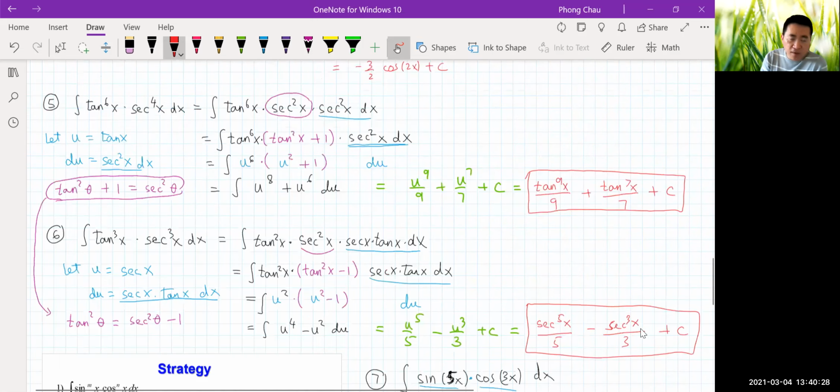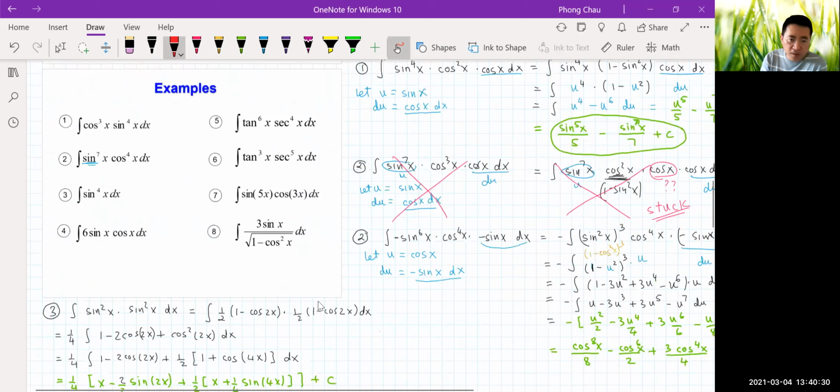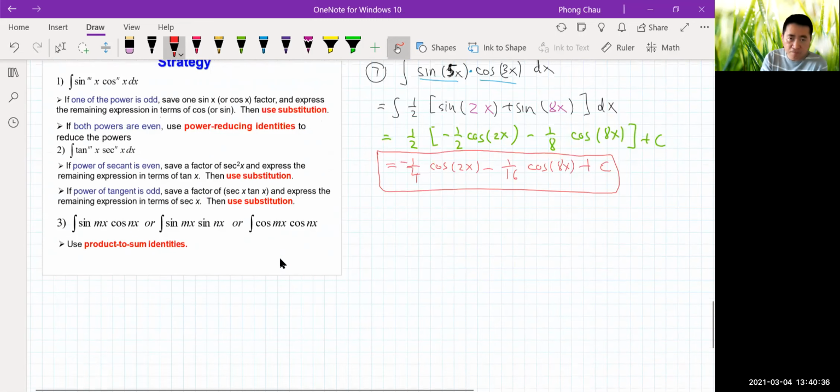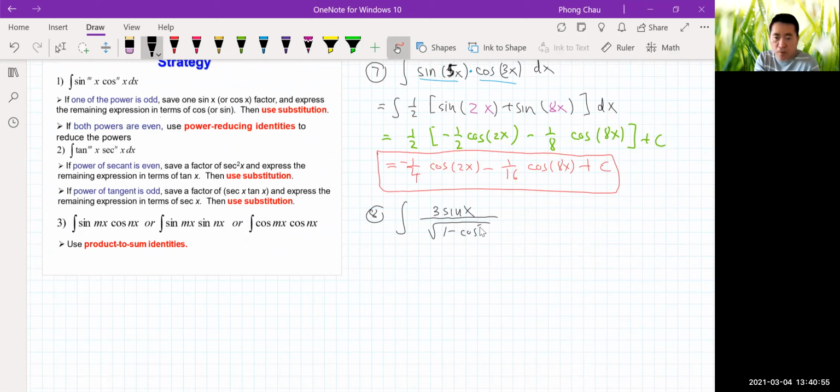If you look at the last problem here, number 8: the integral of 3 sine x over the square root of 1 plus cosine squared x dx.